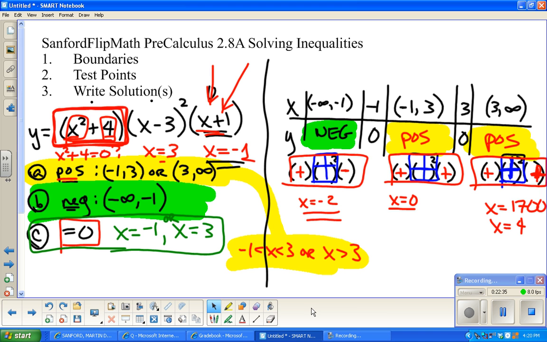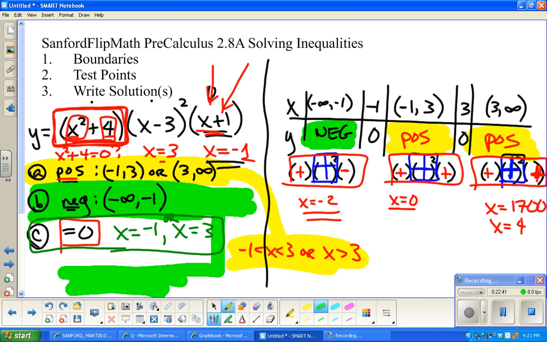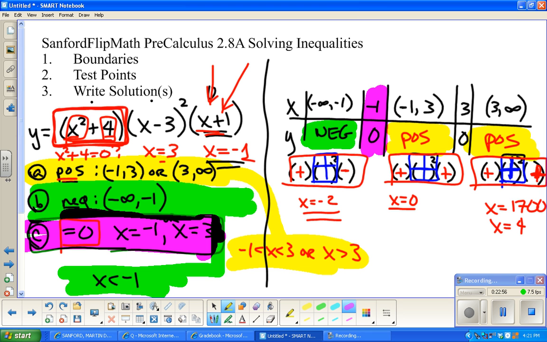That's fine. I think it's easier to use the other notation, but it's up to you. For the negative part, if you want to say x less than -1, that's fine also. And one last little bit of color coordinating just for the zeros, just so we're nice and complete. And there they are.